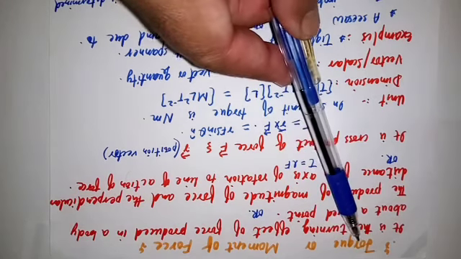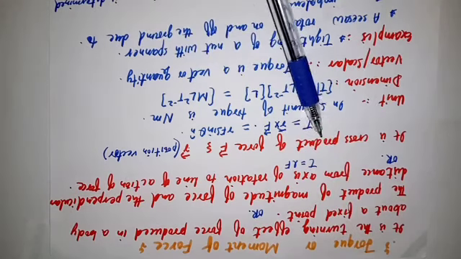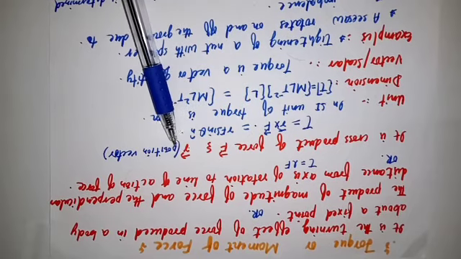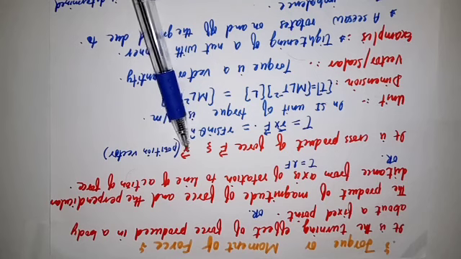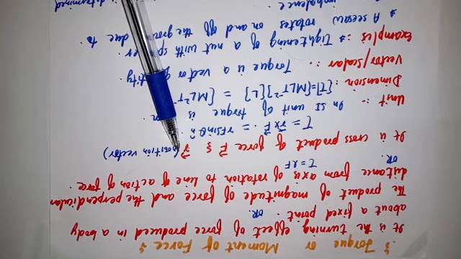Thirdly, we can define torque as the cross product of force and position vector from pivot to the point of application of force. This position vector is from pivot to the point of application of force.